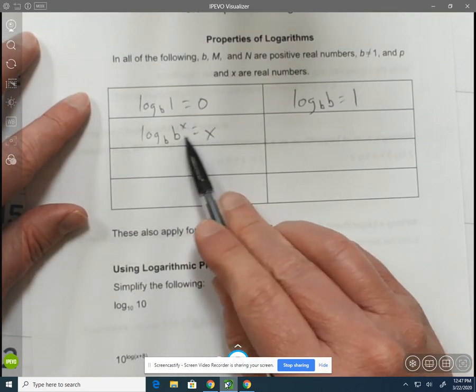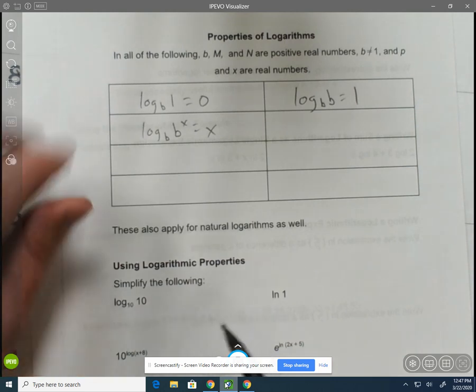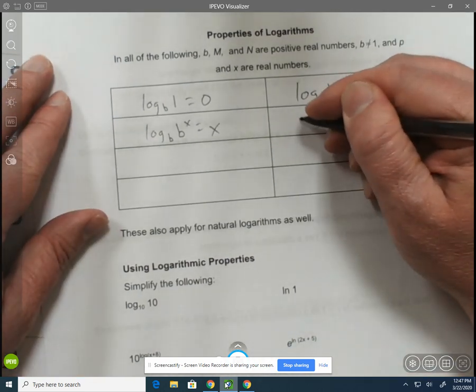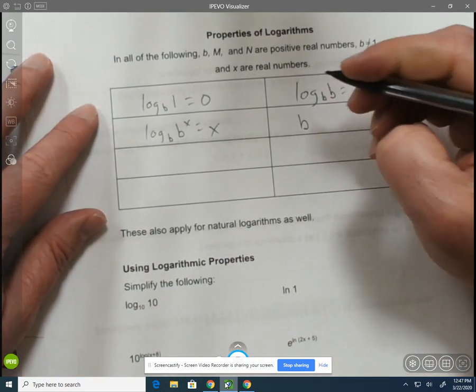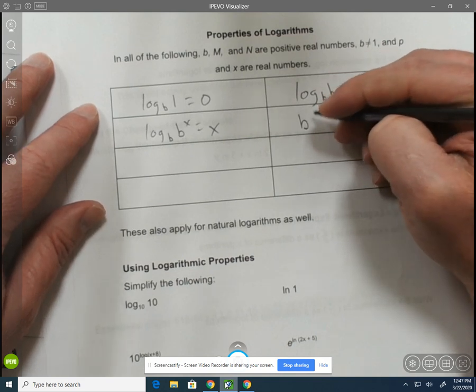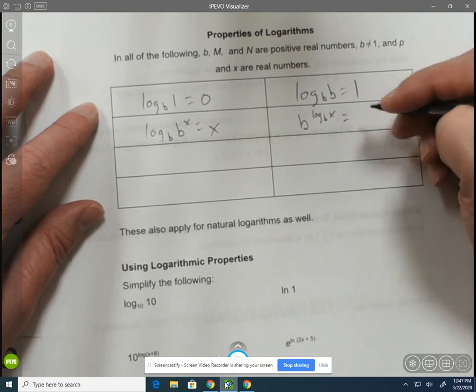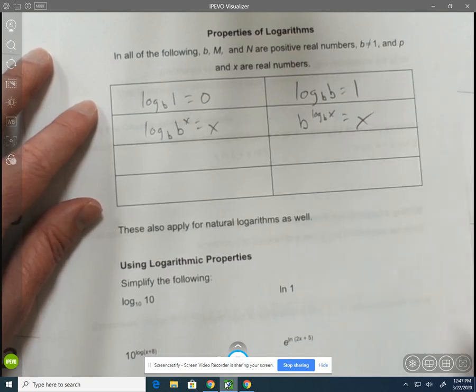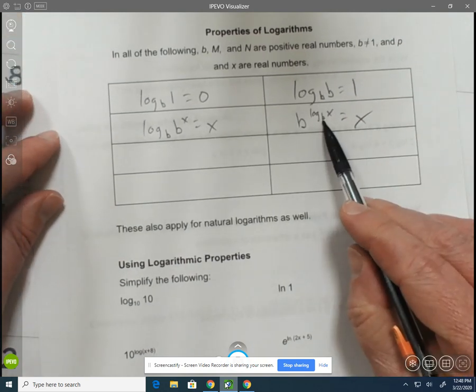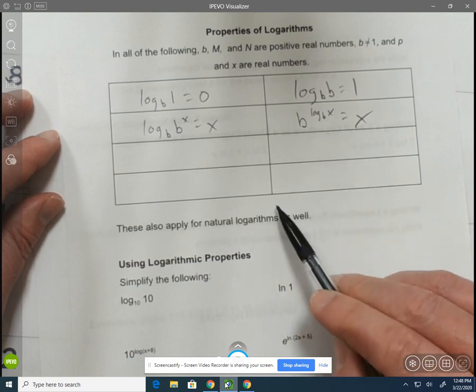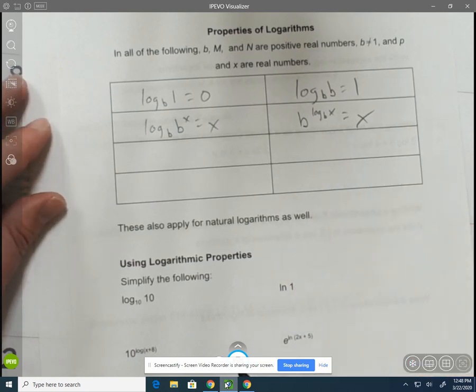And reversing that, if I have b raised to the log base b of x, I always get x.